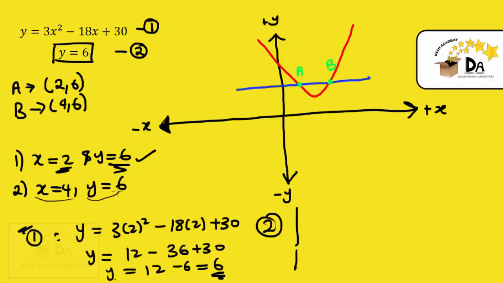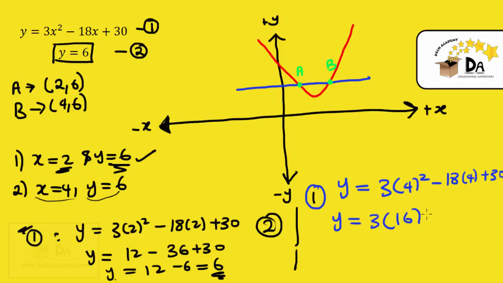x equals 4 and y equals 6. So I'm going to replace x with 4 in equation 1. Let's use a different color. When I do that, I get y equals 3 times 4 squared minus 18 times 4 plus 30, which gives y equals 3 times 16 minus 18 times 4 plus 30.